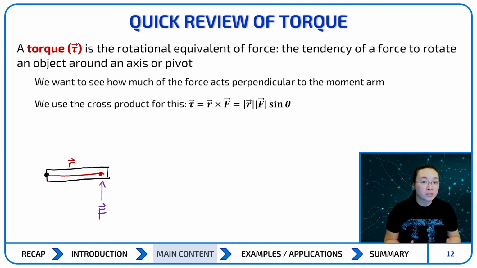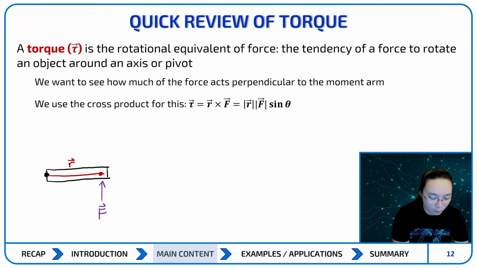Keep in mind the force that I'm applying is still translational. It's still a forward push, but there is going to be a rotational equivalent of force called torque, and torque is going to be defined as a cross product. But you don't have to know what a cross product is. You just have to know that it is equal to the magnitude of R and F times sine of theta, where theta, let me just write this down.